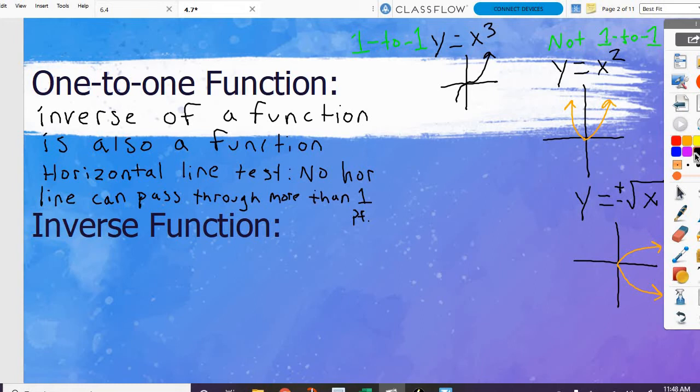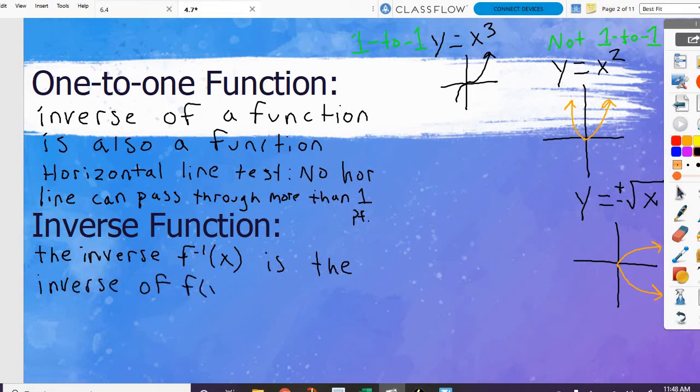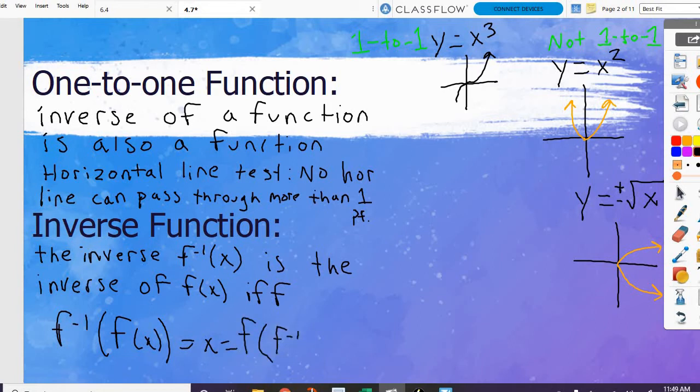Remember that our strict definition is: f inverse of x is the inverse of f of x if and only if f inverse of f of x equals x, which also equals f of f inverse of x.